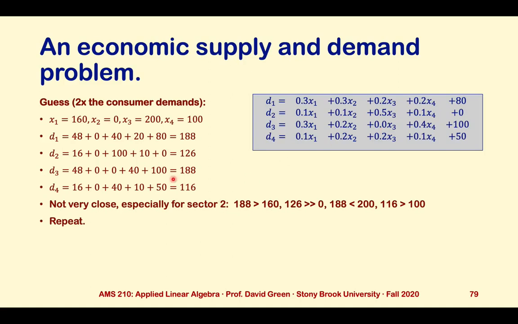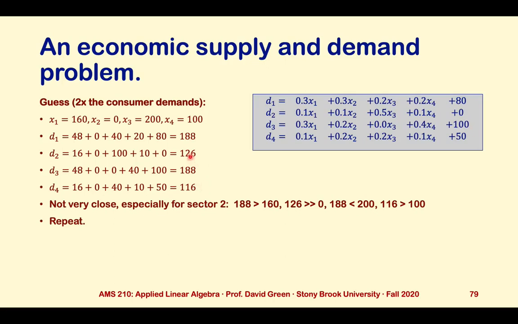If we do that and we stick our initial guess in, double the consumer demands and calculate the new values, this is actually something that we can do by hand, and we would get new demands of 188, 126, 188, and 116. The guess is not very close to actually the demands we get.